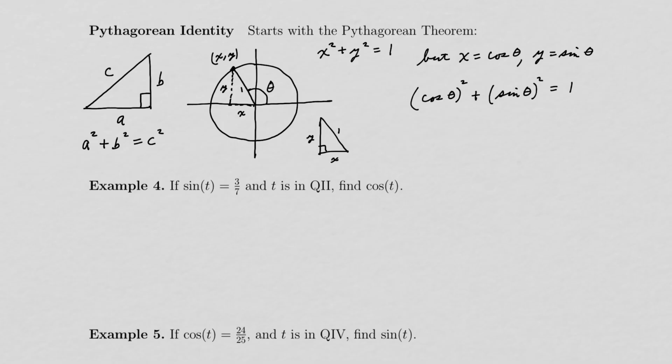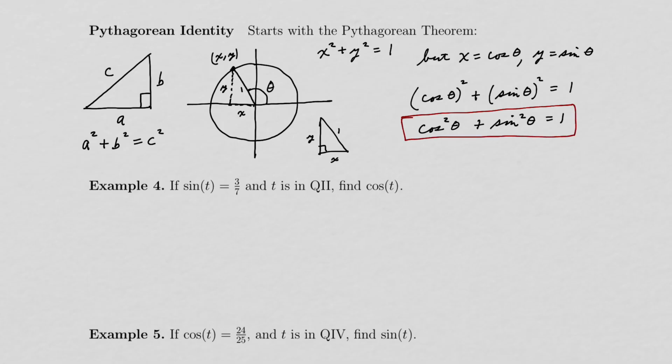And the shorthand notation for cosine of theta squared is cosine squared of theta. So cosine squared of theta plus sine squared of theta is equal to 1. Okay, so this is the key thing that we're after, the Pythagorean identity.